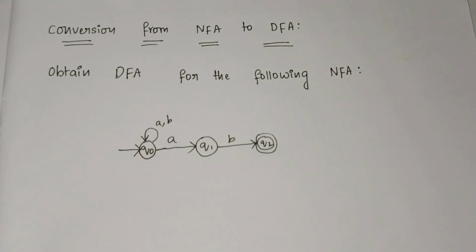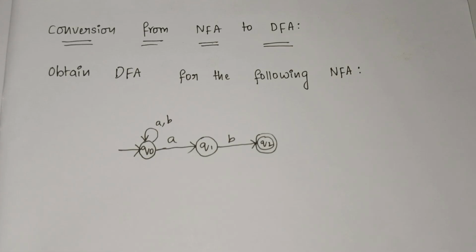So why are we going for NFA? Because sometimes languages are complicated to design as a DFA. When you design a DFA, you need some time to think, redesign, and check whether it is satisfying the logic of the question.